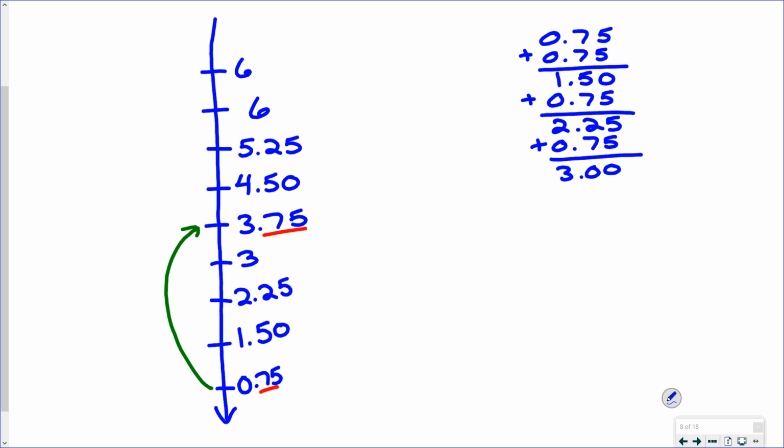Either way, you get 6 and 75 hundredths. So with that, you do need to have a good sense of numbers. So having your number sense developing would help you out there. So you only have to add 3 instead of adding 75 hundredths each time.